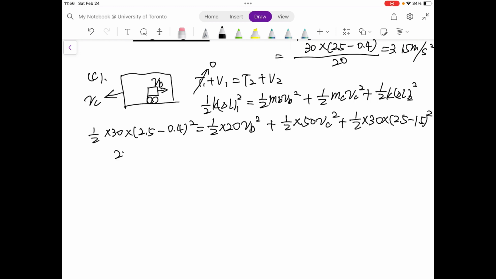So 2vB squared plus 5vC squared is equal to 10.23.